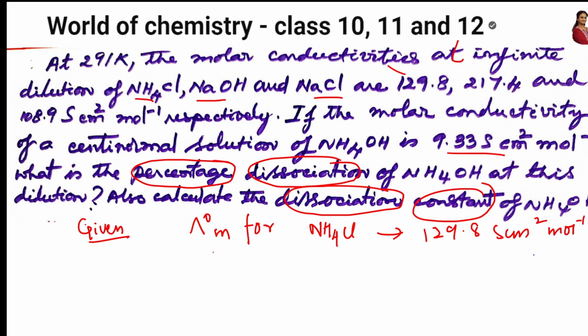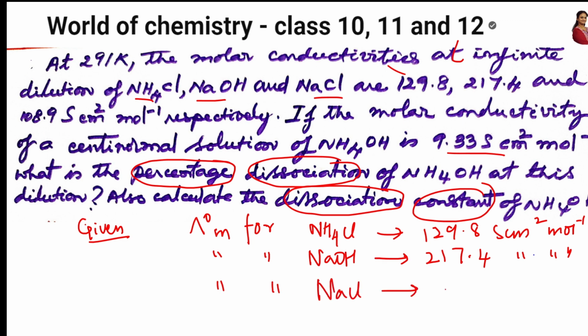Next given is lambda m for sodium hydroxide: 217.4 Siemens centimeter square mole inverse. Then lambda naught for NaCl: 108.9 Siemens centimeter square mole inverse.